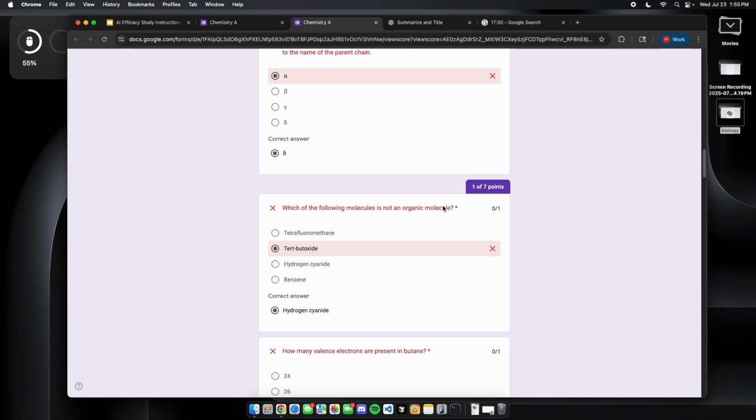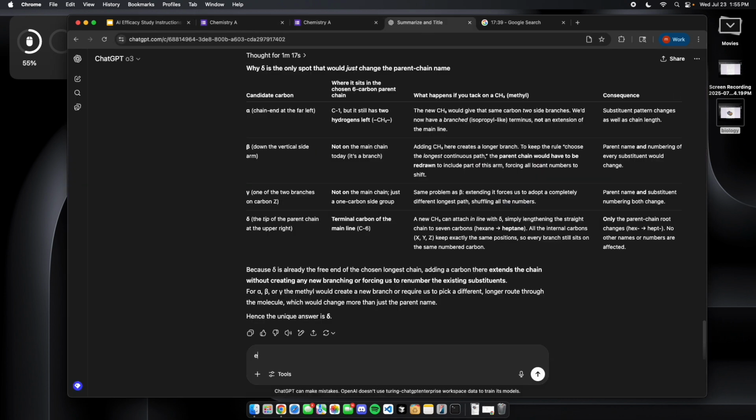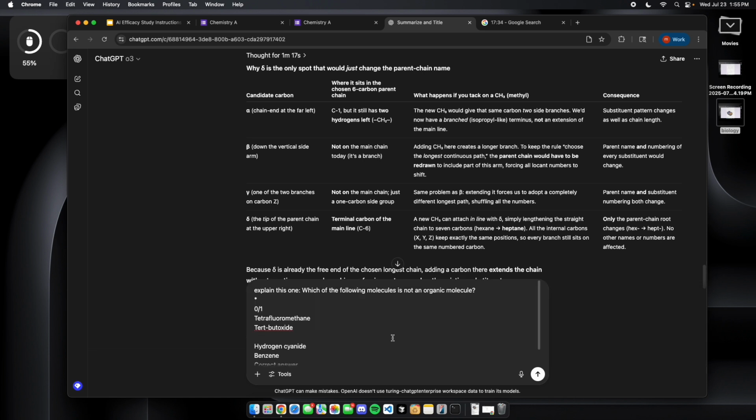Okay, this is kind of confusing. The hydrogen cyanide is not an organic molecule. Let's take out that correct answer thing.